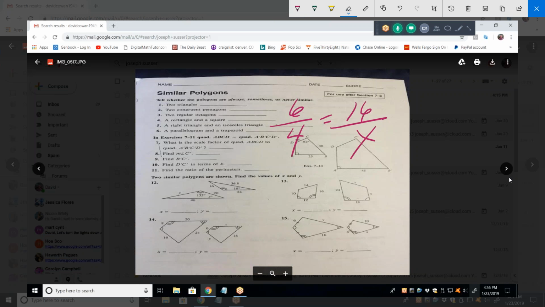What's another equation that lets us solve for y? 6 over 4 equals y over 10. Yes. And notice that this is a little easier to solve. We'll only have one step to solving it. 60 divided by 4. So y is 15.